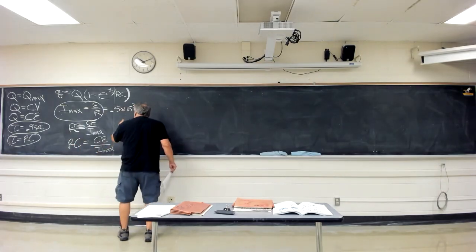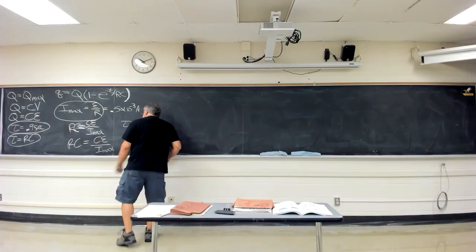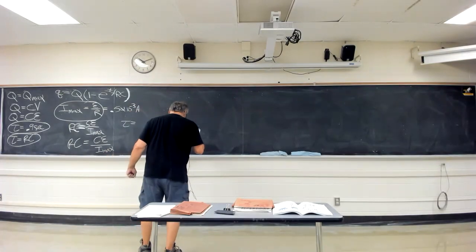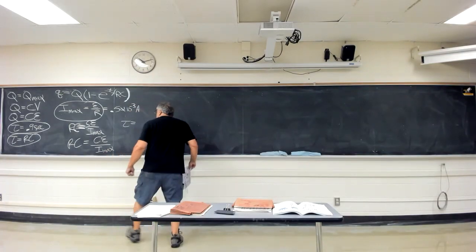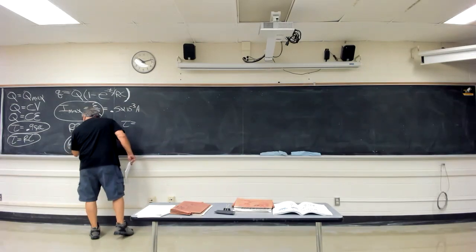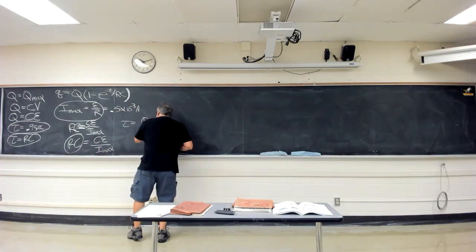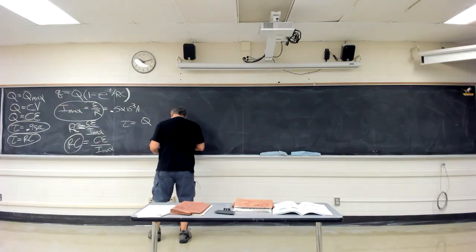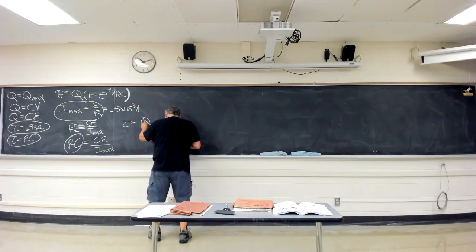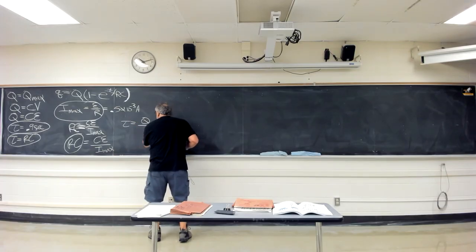RC is tau. RC is tau. C times E is Q max. Big Q is the same as Q max. And the Imax is on the bottom.